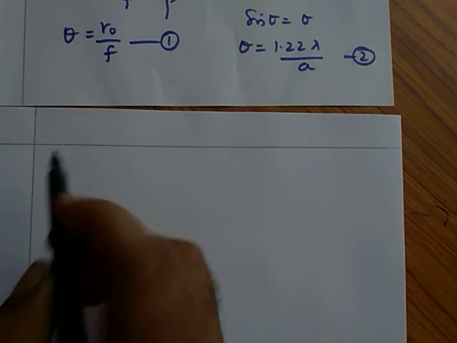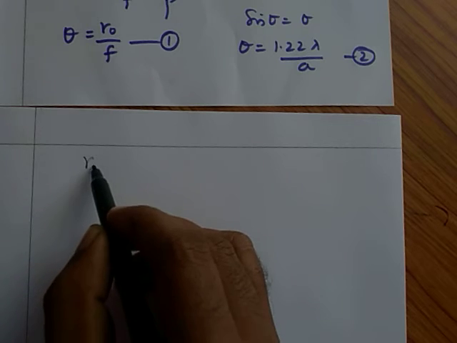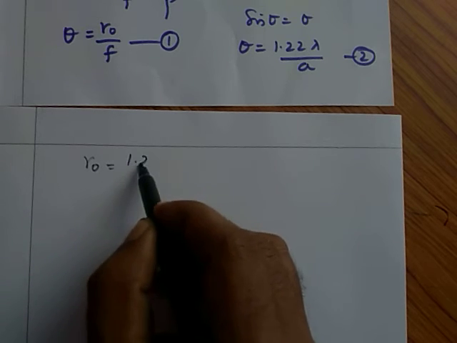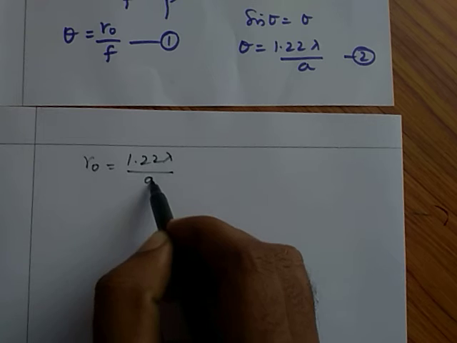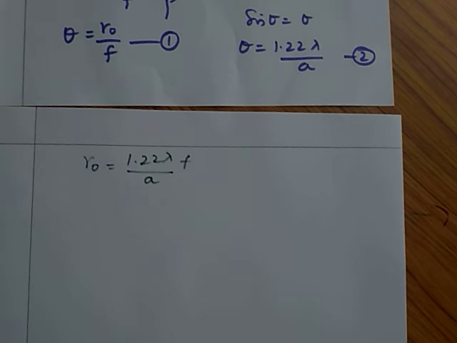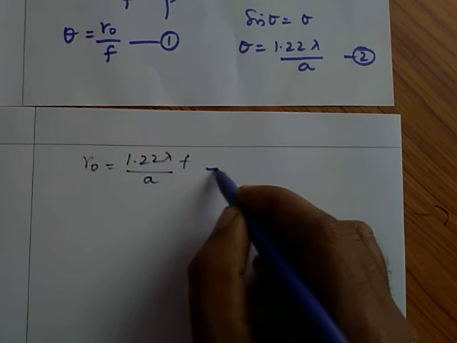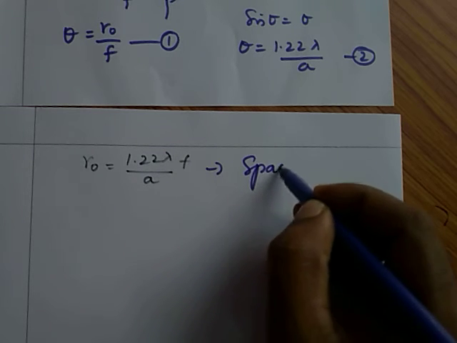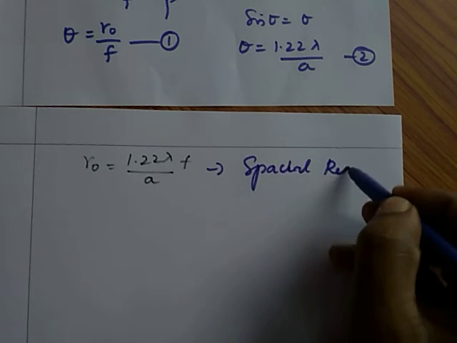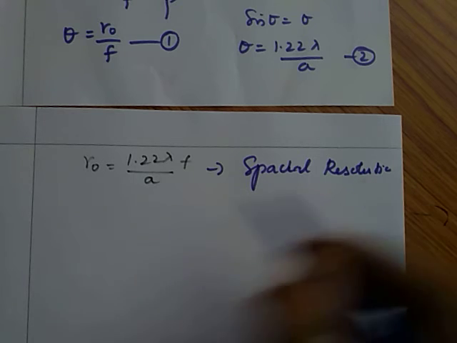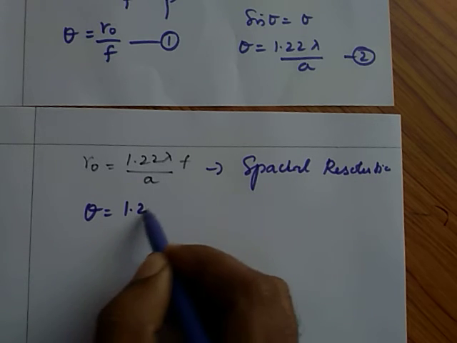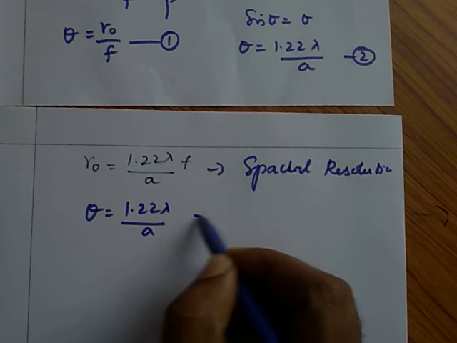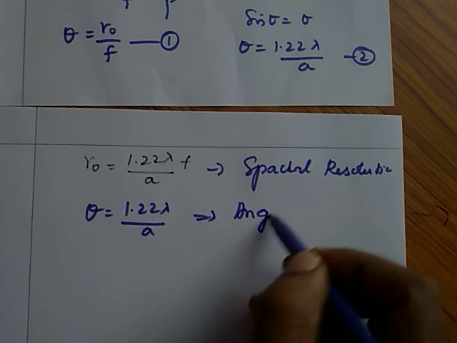On equating these two, we get r naught equals 1.22 lambda by a into f. This is known as spatial resolution. Then theta equals 1.22 lambda by a is known as angular resolution.